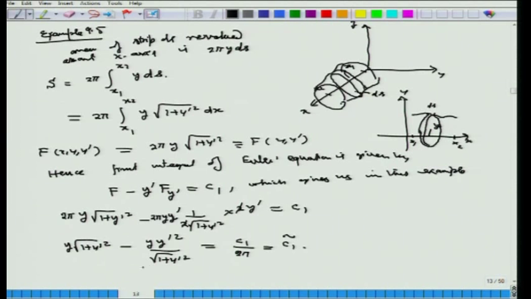So, taking the LCM here, this term will cancel. So, we will have y into 1 plus y prime square minus y prime square equal to C1 tilde, which implies that y over square root 1 plus y prime square equal to C1.